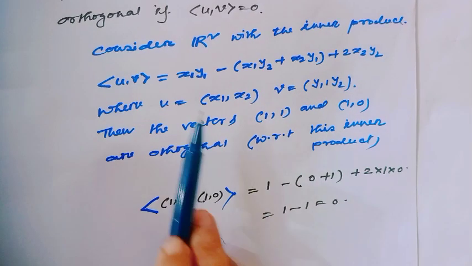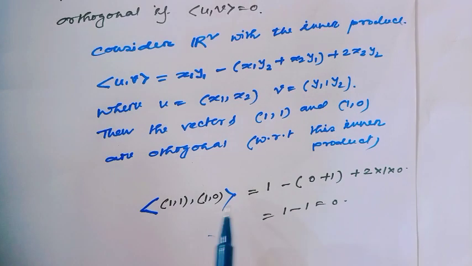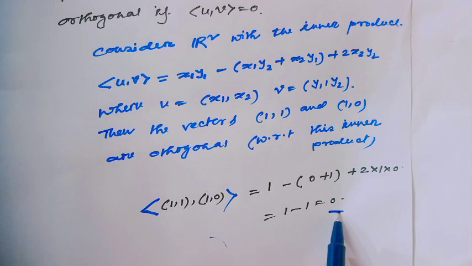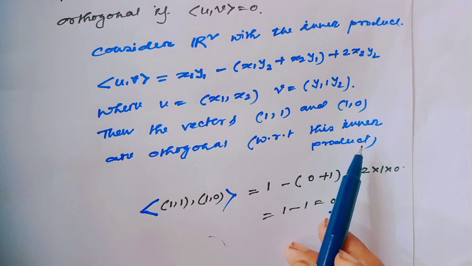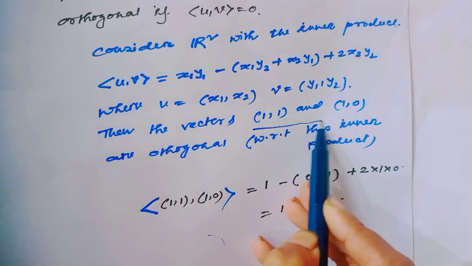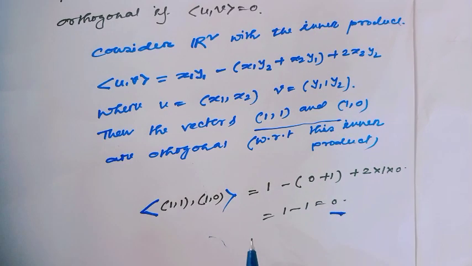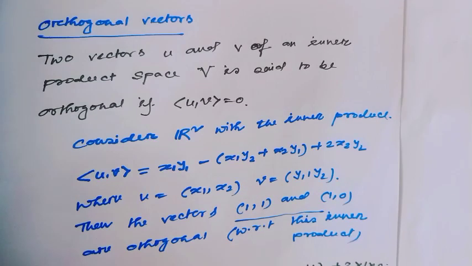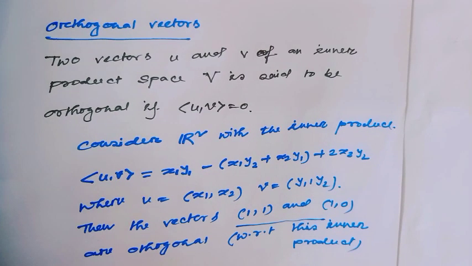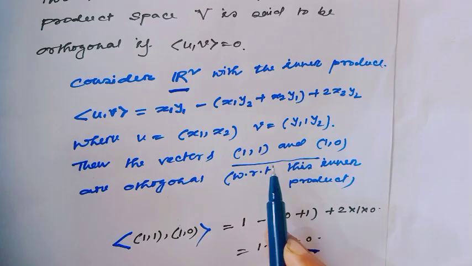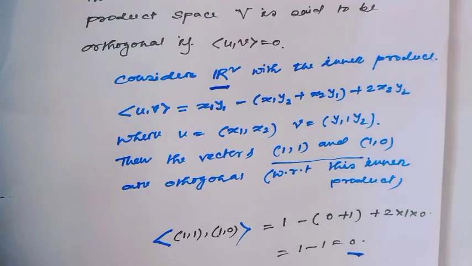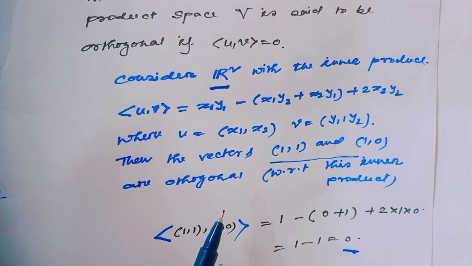Notice here the inner product of these vectors is obviously 0. So with this inner product, these vectors are orthogonal. But if we consider the standard inner product in R2, then these vectors are not orthogonal.